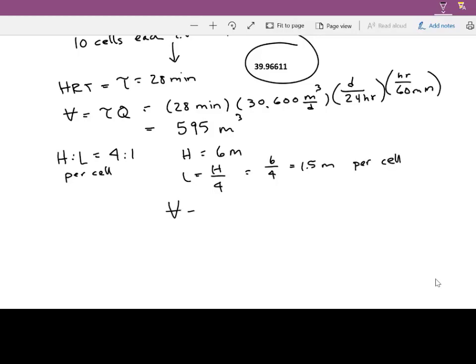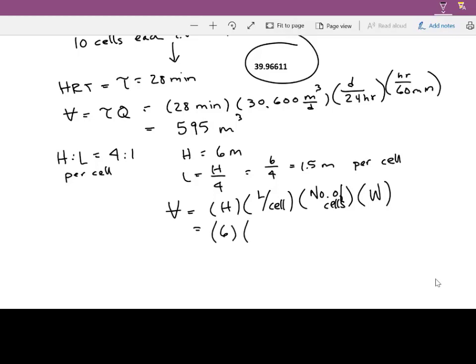The volume is then equal to the height times the length per cell times the number of cells times the width. So our height is 6 meters. Our length per cell is 1.5 meters. We have 10 cells, and this is equal to 595 cubic meters.